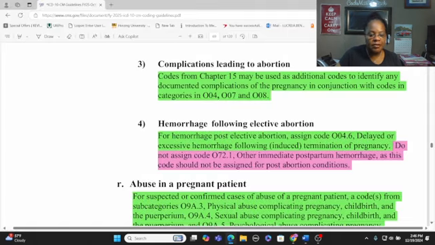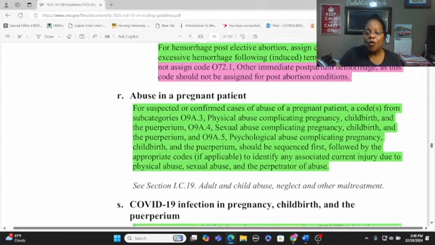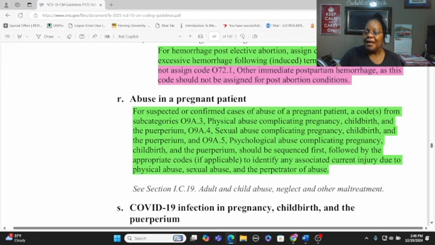Let's go to R. It says for suspected or confirmed cases of abuse of a pregnant patient, a code from subcategories O9A.3, physical abuse complicating pregnancy, childbirth, and the puerperium, or O9A.4, sexual abuse complicating pregnancy, childbirth, and the puerperium, and code O9A.5, psychological abuse complicating pregnancy, childbirth, and puerperium, should be sequenced first, followed by the appropriate code, if applicable, to identify any associated current injury due to physical abuse, sexual abuse, and the perpetrator of abuse.